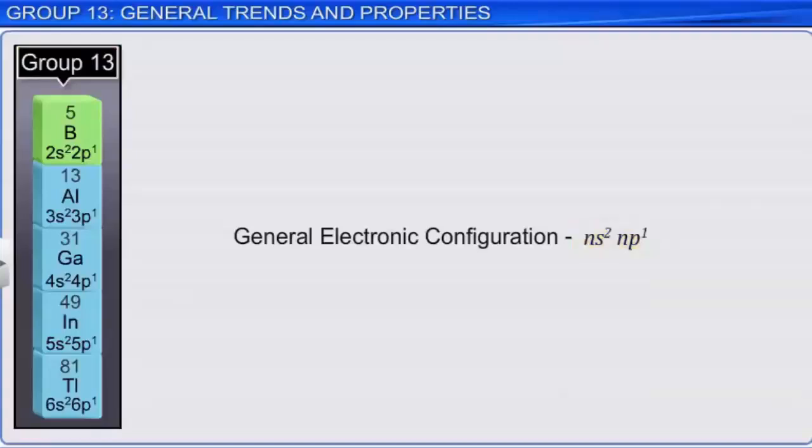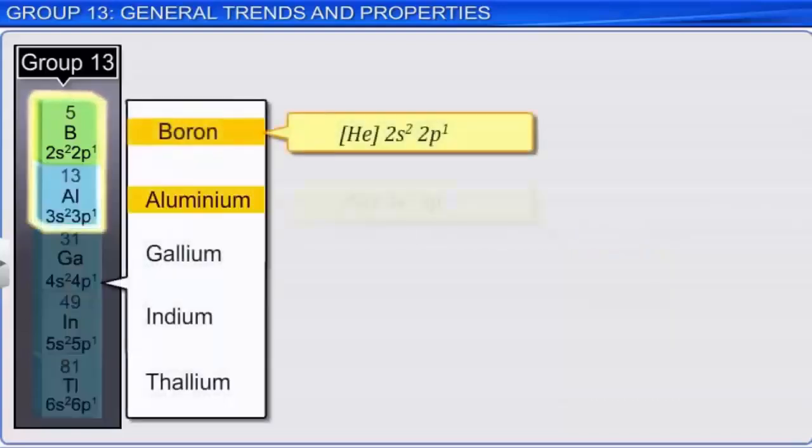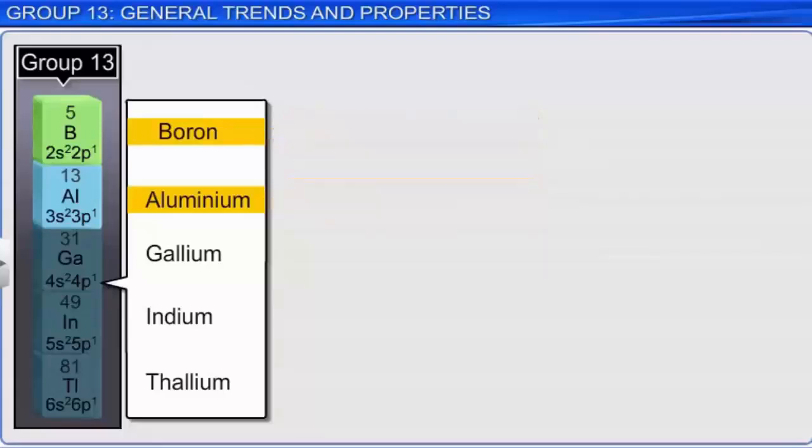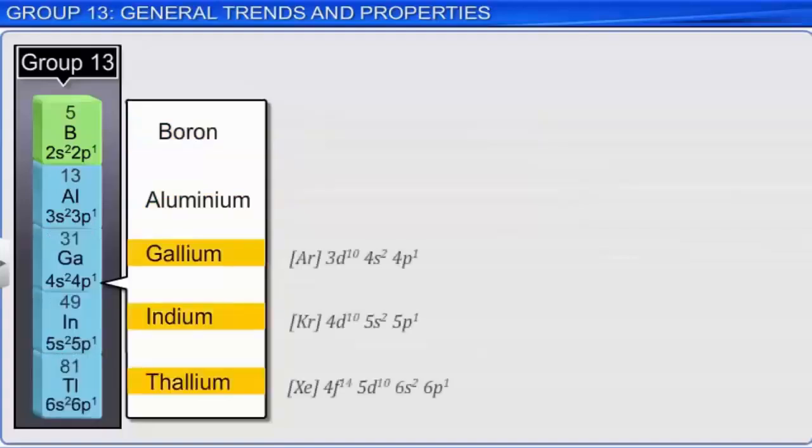For example, consider the electron configurations of boron and aluminium in noble gas notation. They both have 3 valence electrons. However, if we look at the electron configurations of the rest of the family, we see quickly that they are all more complex than for the s-block elements.